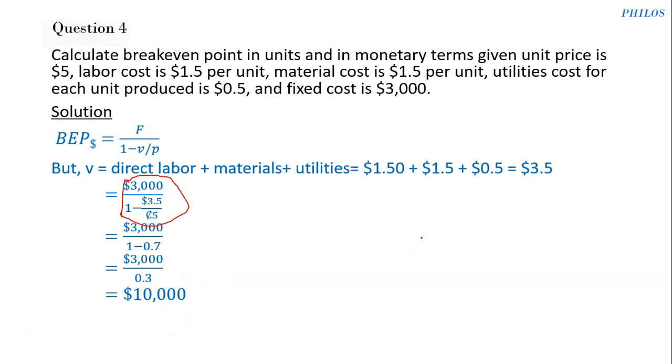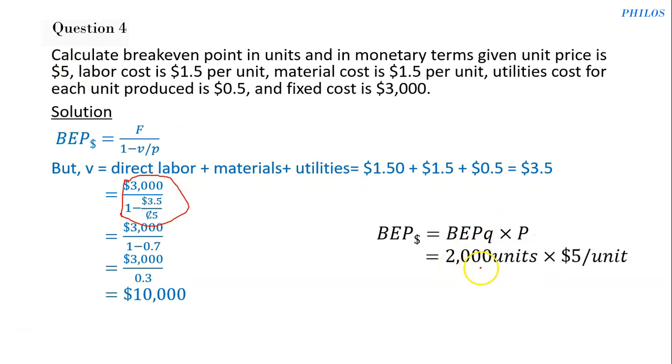Also, since in the first question we know the break-even point in units, you can also use this formula to find the break-even point in dollars, and that is: break-even point in monetary terms is equal to break-even point in units times the price. Remember, we got break-even point in units as 2,000, isn't it? And when you look at this question, the price is $5, isn't it? So let's substitute that in this formula.